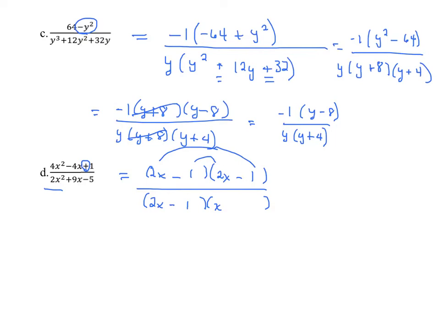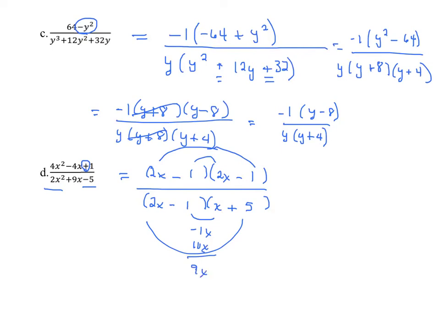And then I have a negative 5 on the end. That means my signs have to be opposite. And the only factors of 5 are 5 and 1. So I'm going to stick a 5 here. If I do my cradle, negative 1x, positive 10x, bazinga, I get 9x.